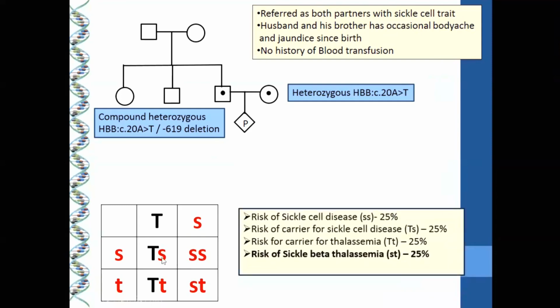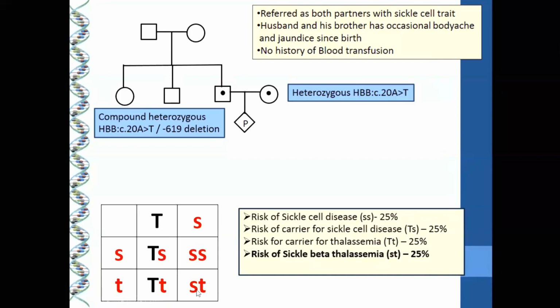So the baby will have sickle cell disease, that is small ss, in 25% cases. The baby will be a carrier for sickle cell disease, that is Ts, in 25% cases. The baby will be a carrier for thalassemia in 25% cases. And the baby can have sickle beta thalassemia in 25%. Okay, understood? 25%.